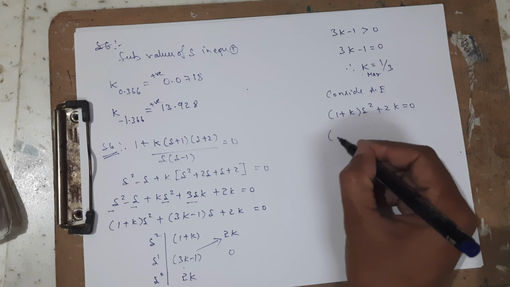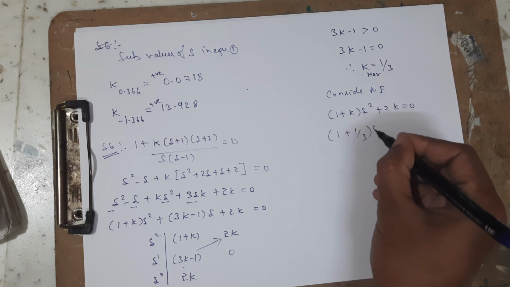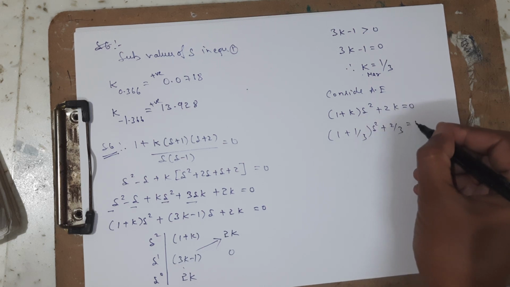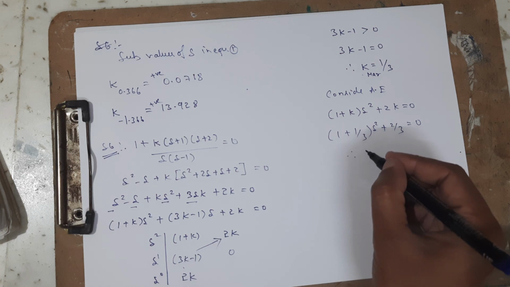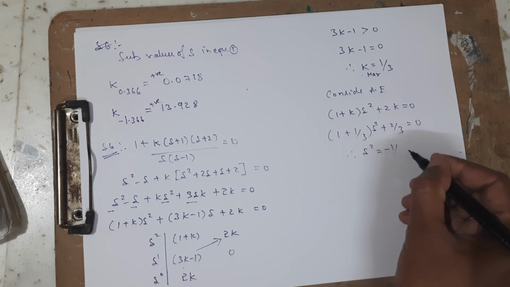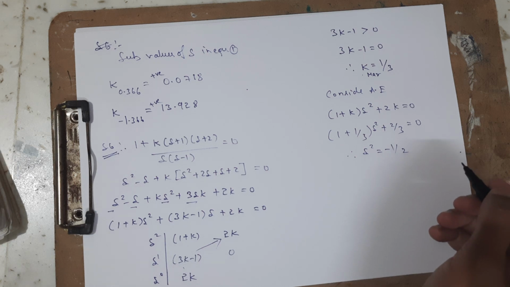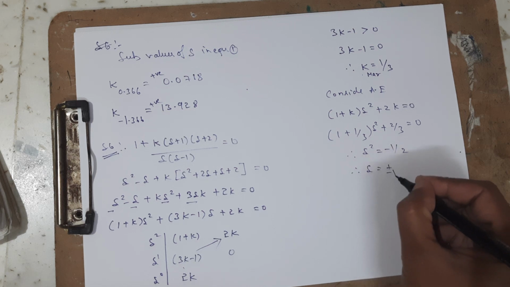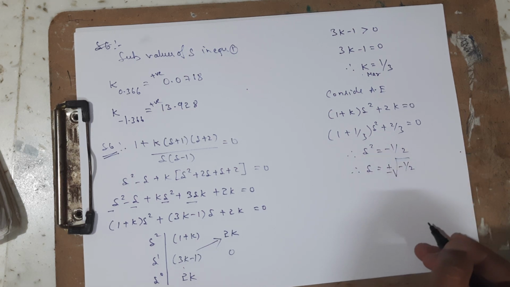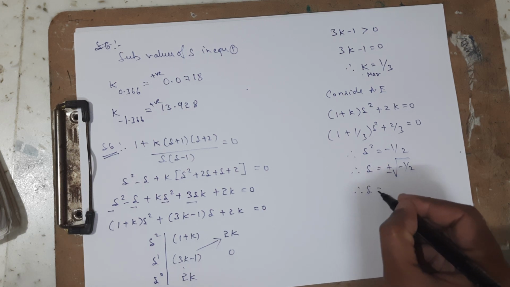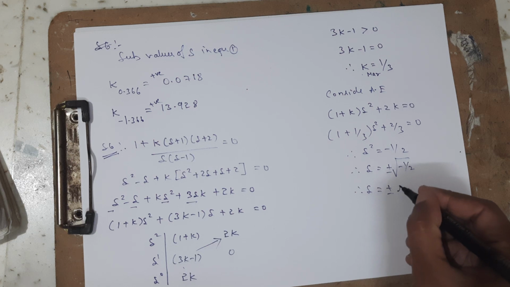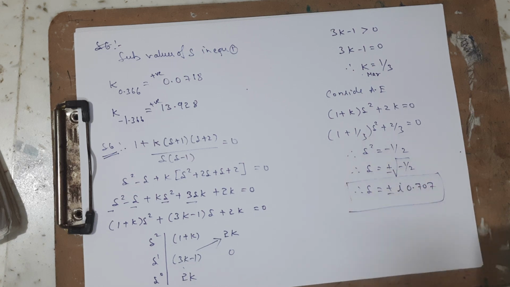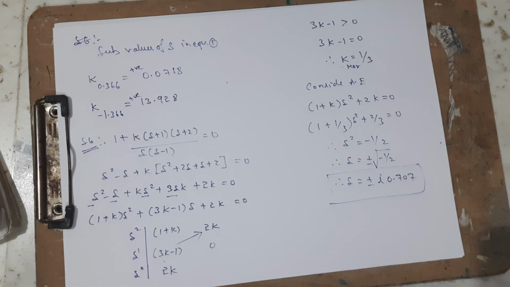So this can be done as 1 plus 1 by 3 s square plus 2 by 3 is equal to 0. After simplification, s square will be equal to minus 1 by 2. So what is s? s is equal to plus or minus root of minus 1 by 2. Therefore s is equal to plus or minus j 0.707. So this is the intersection of root locus with the imaginary axis.